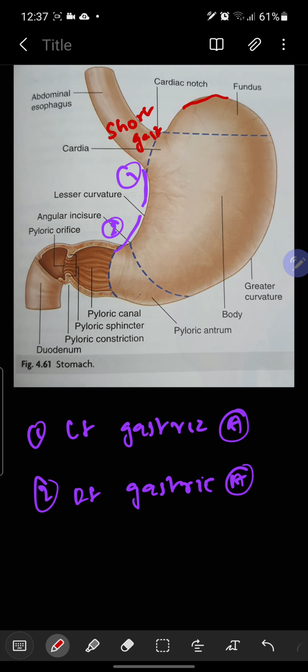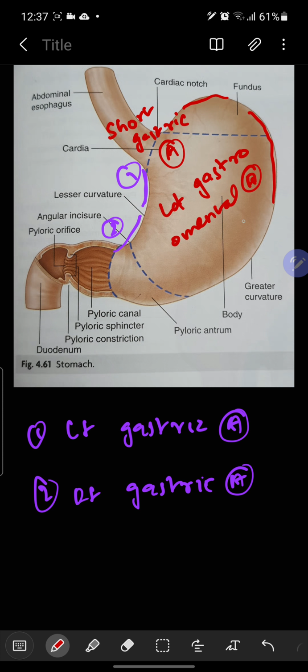In this region it is left gastro-omental artery. In this part it will be right gastro-omental artery. So these are the arteries which are supplying the stomach region.